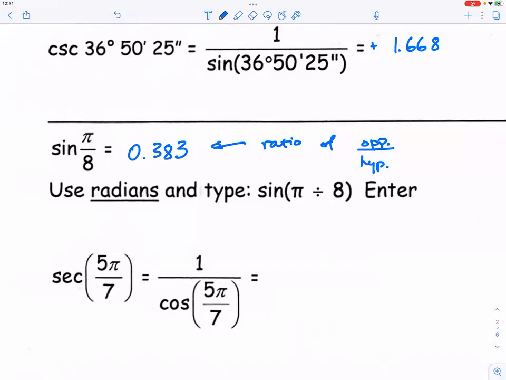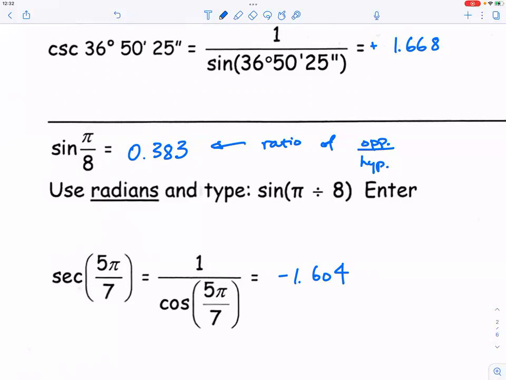Secant of 5 pi over 7. It is... Does it make sense to have a negative number?